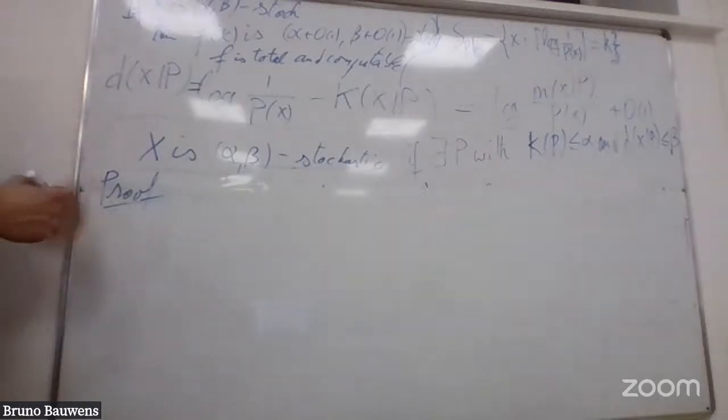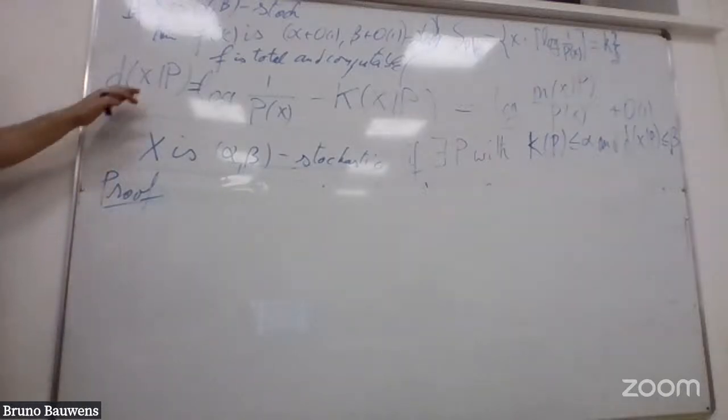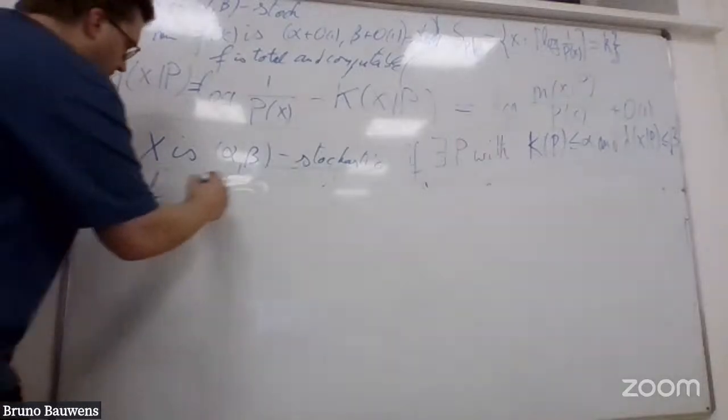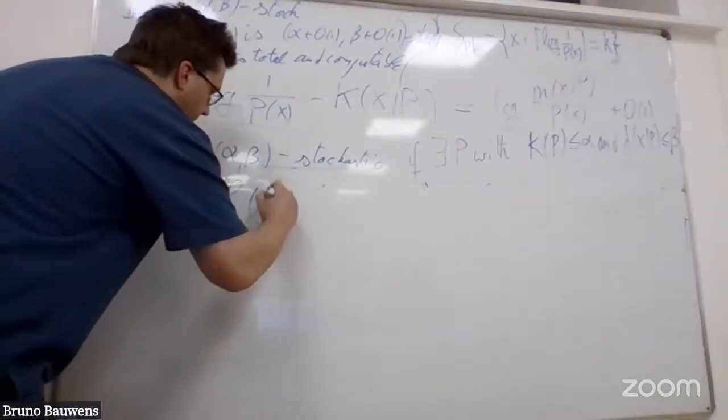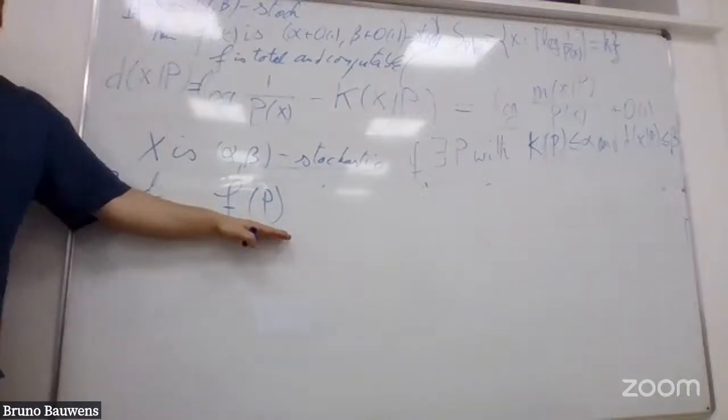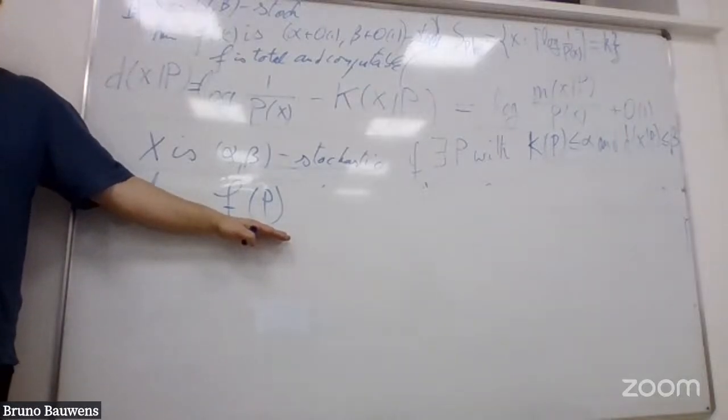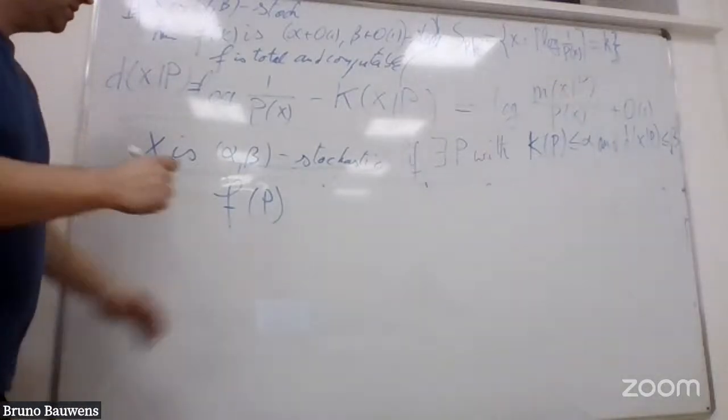Now let us say what the statistic is. The statistic will be f of p. What does f of p mean? You've seen this before: what happens if you apply a function to a probability distribution.